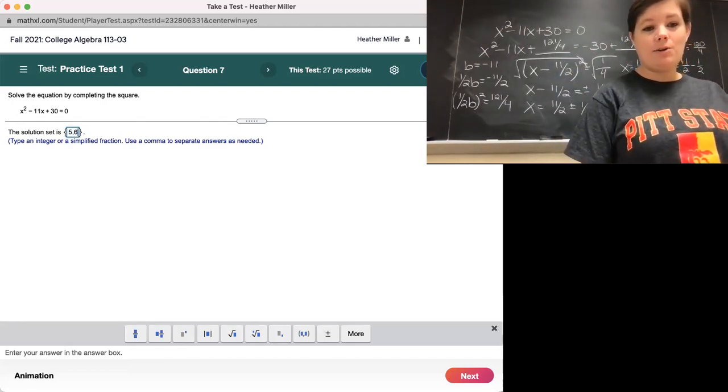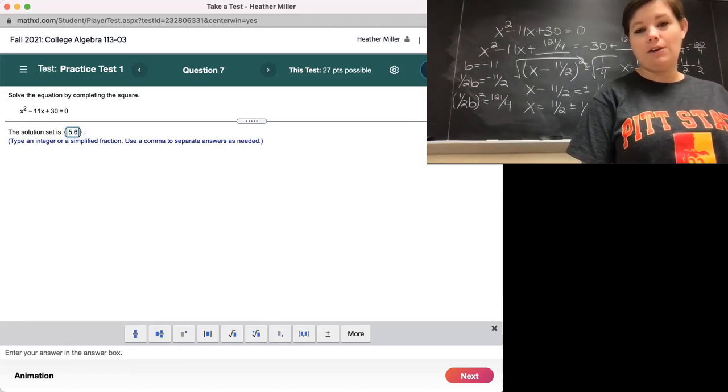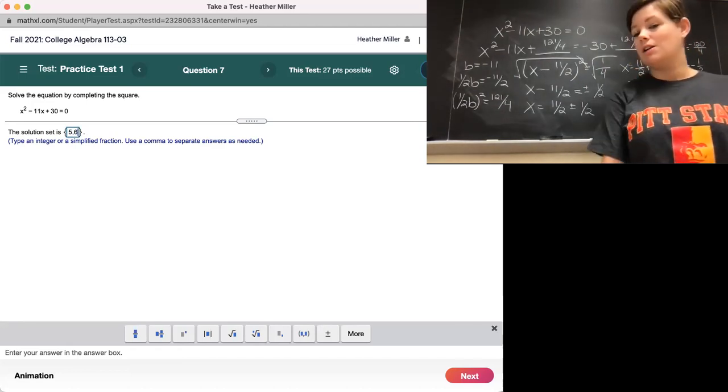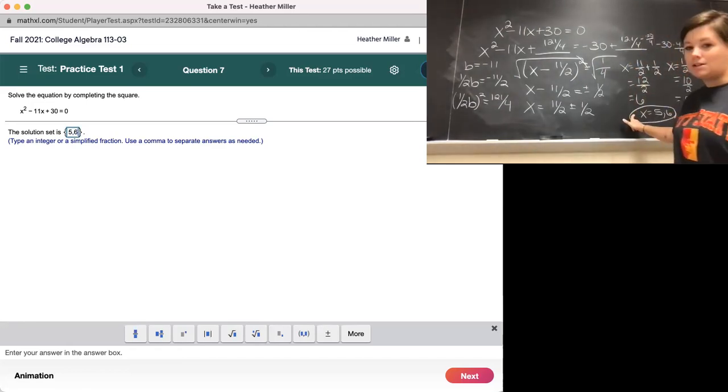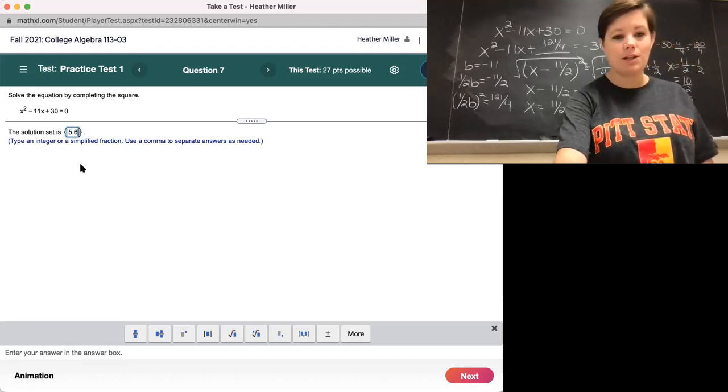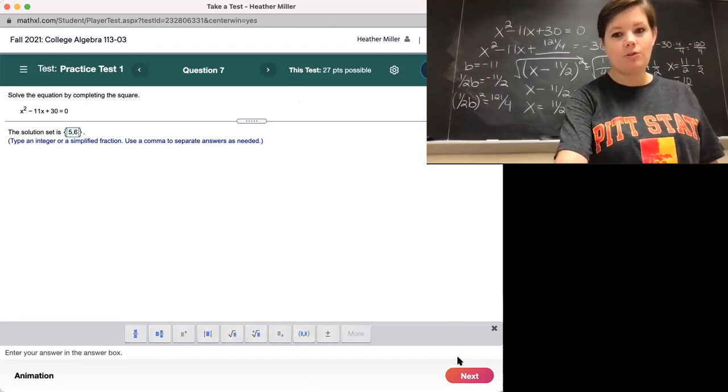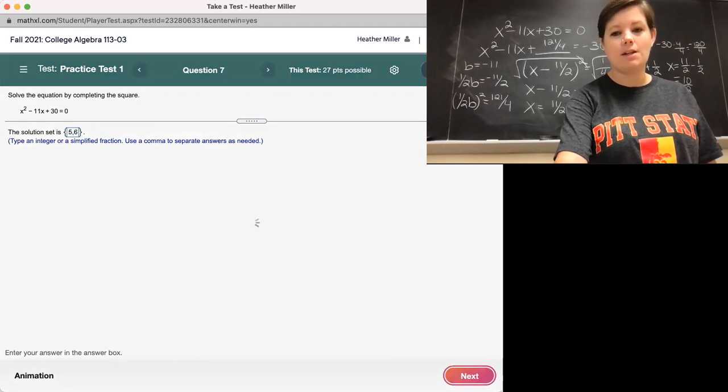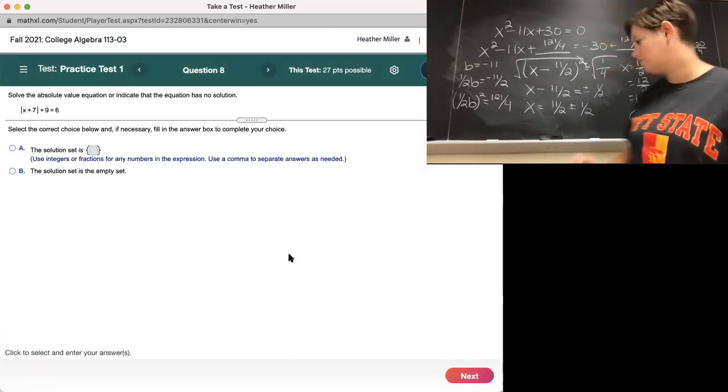The only thing I would say is typically if it asks you to complete the square, you're not going to get nice numbers like this. You're going to get something that has a radical in it or a really messy fraction. So I would just be very cautious. If it says complete the square, I would recommend completing the square, unless you know for absolute certainty that it's going to be a nice whole number like that.